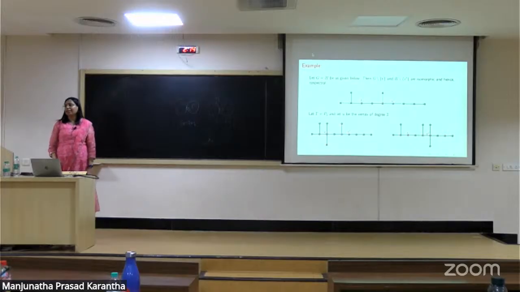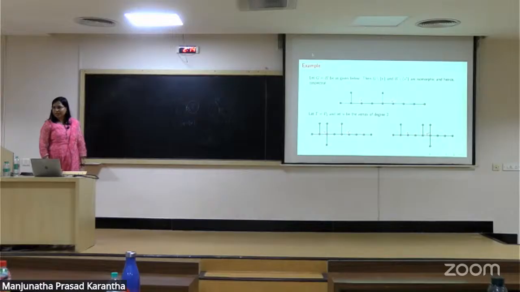From P3, I am choosing a vertex, and I'll make the operation: I just attach P3 at the vertex v, in both the cases. Now the graphs are of different type. Looking at the graphs, you can say that they are not isomorphic, but they are co-spectral.